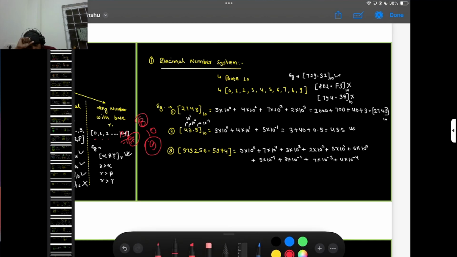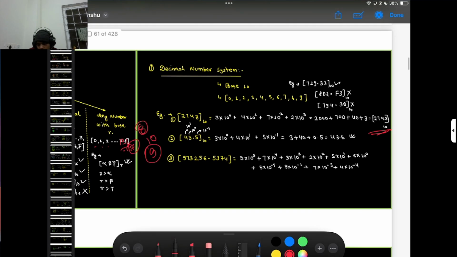So for the decimal number system, base 10, digits 0 1 2 3 4 5 6 7 8 9. For 2743, 3 multiplied by 10 to the power 0 plus 4 into 10 to the power 1, something like that.